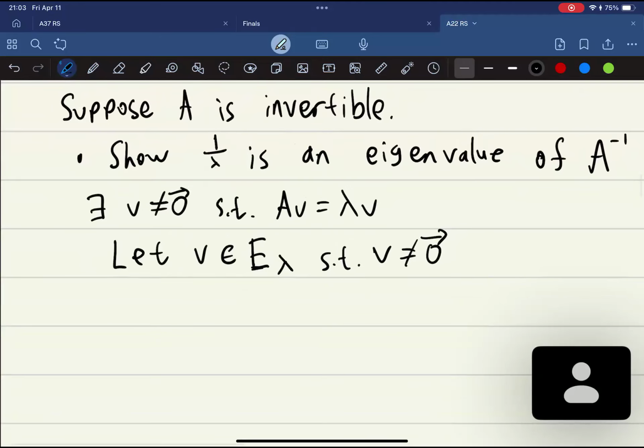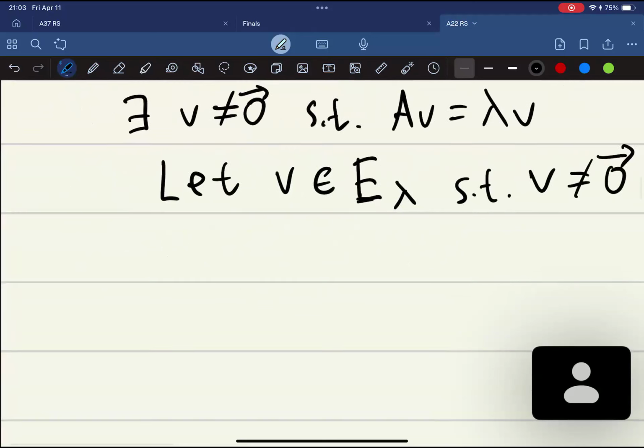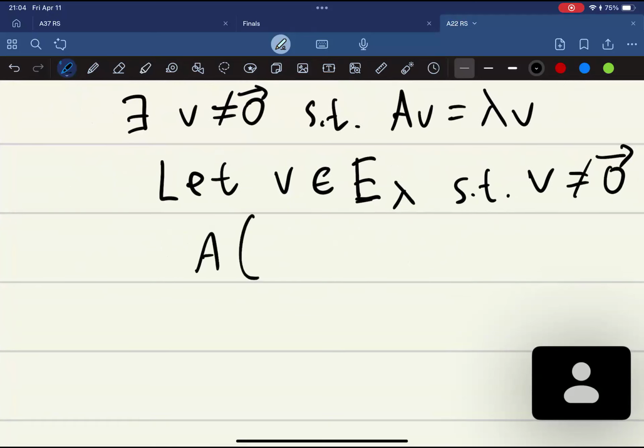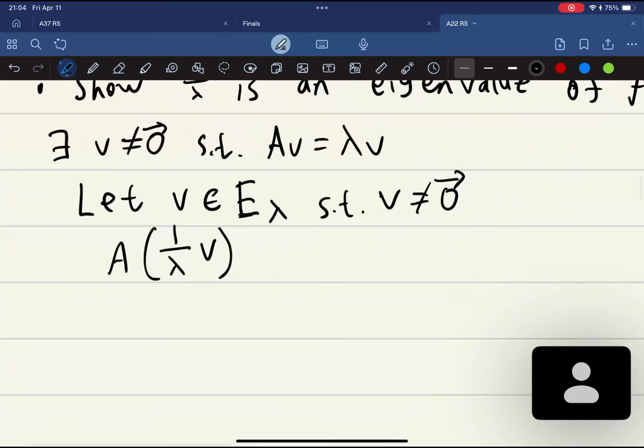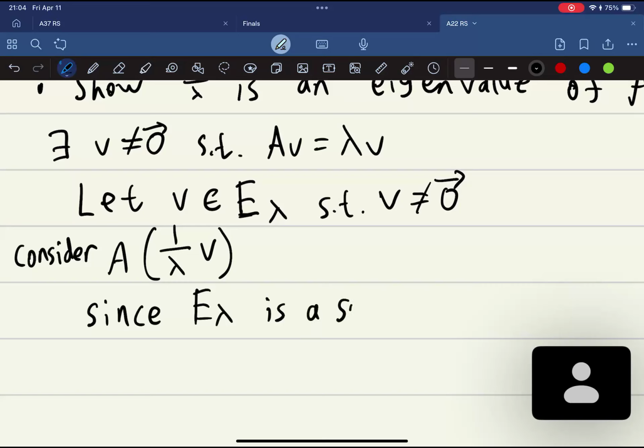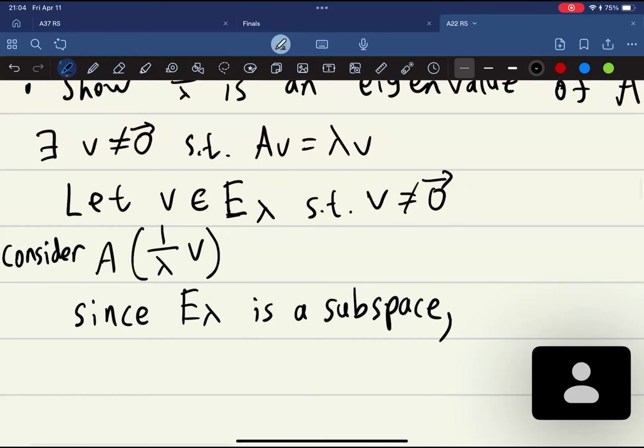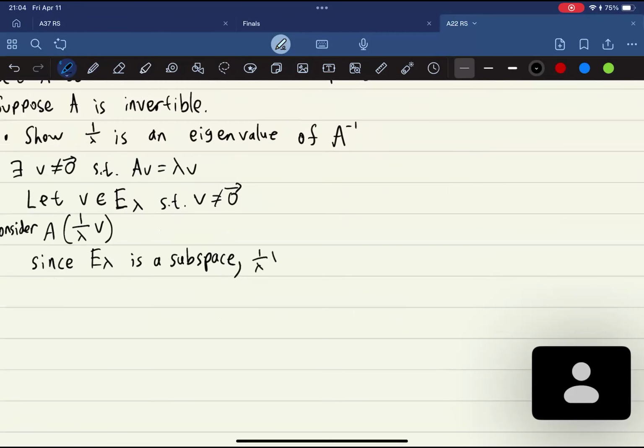Then we consider A times 1 over lambda of v. Since the eigenspace of lambda is a subspace, which I believe you've proven in class, 1 over lambda v is still in the eigenspace.